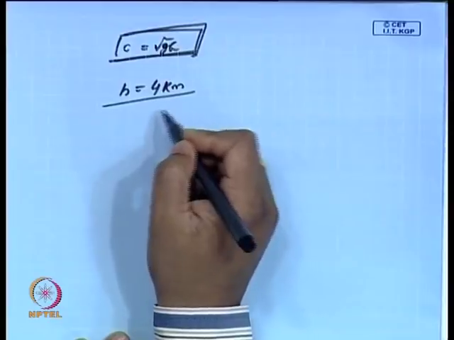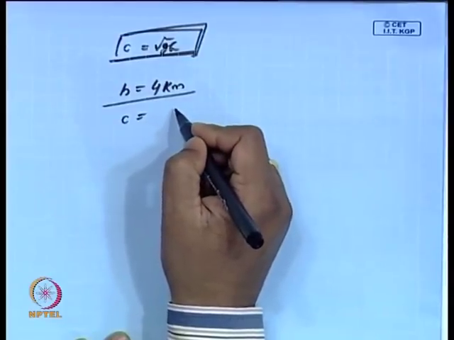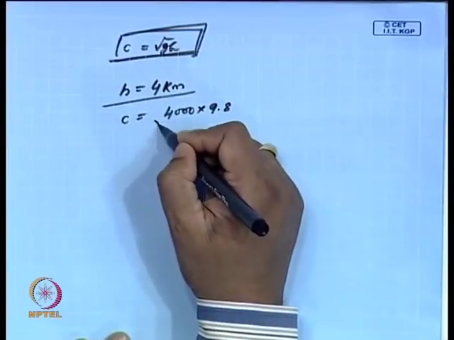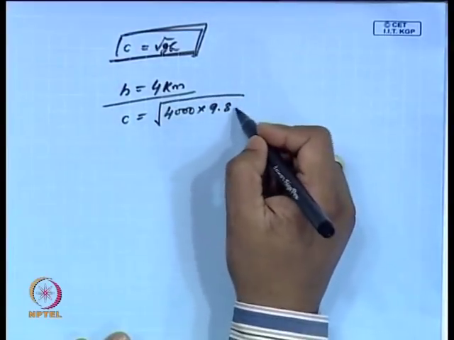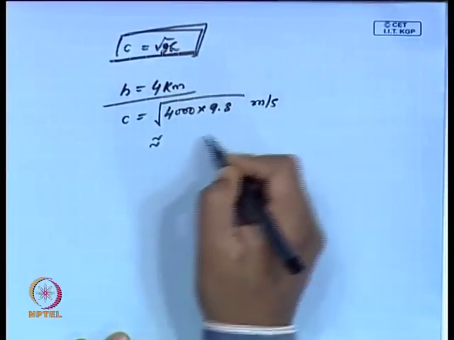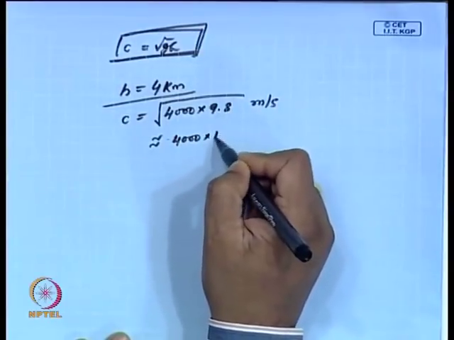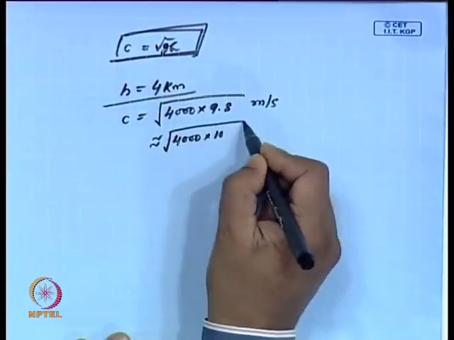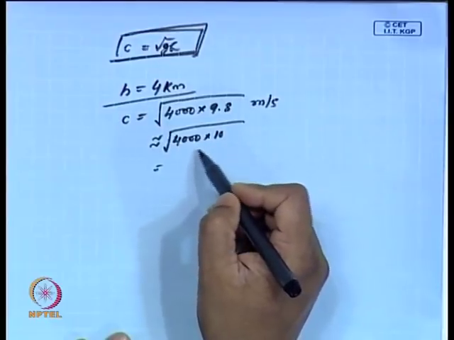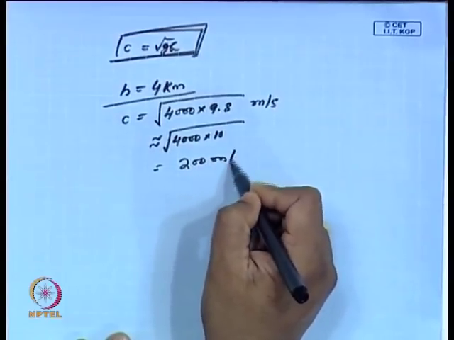Then my speed of propagation c will be root of 4000 times 9.8, which, taking g roughly as 10, is about 200 meters per second.